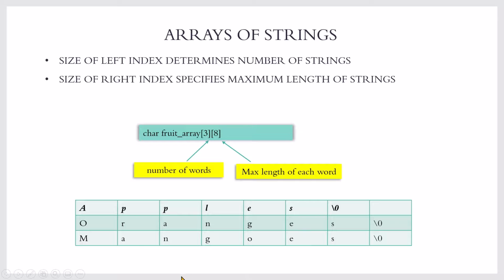What's important to remember with arrays of strings is that we can just use the row index to access the entire string. Right? So if we say fruit array of 0, this would give us apples. If we say fruit array of 1, that would give us the entire string oranges. And if we say fruit array of 2, that would give us the entire string mangoes.